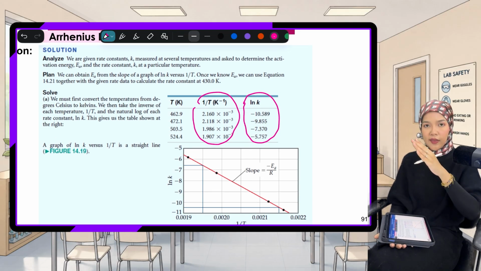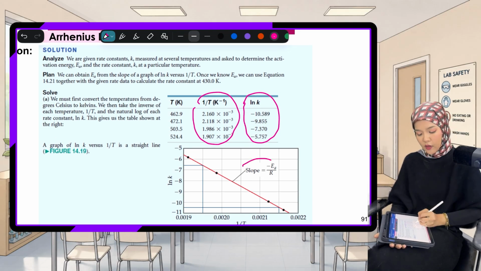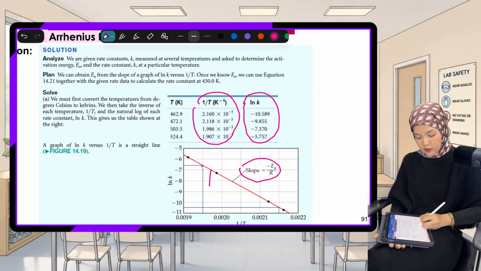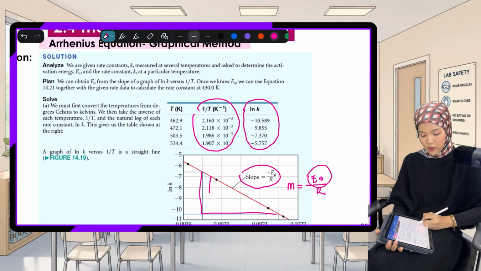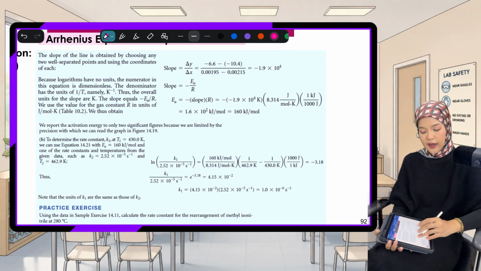Then you are going to plot a straight line and get the slope. You calculate the slope, for example, here. The slope m is equal to negative Ea over R, so now you can solve for the activation energy.